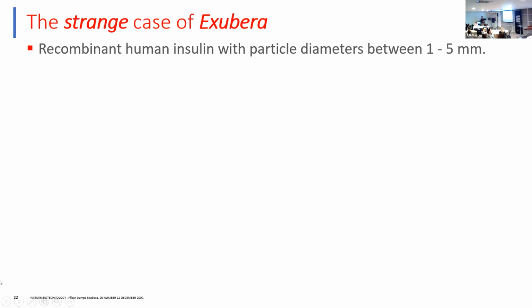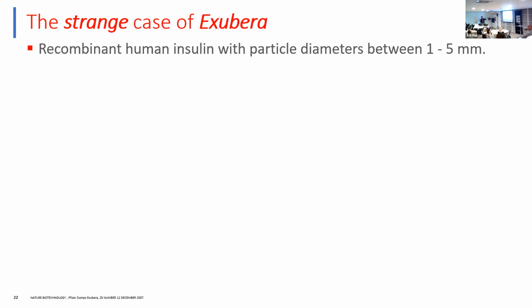So do you know Exubera? Are you familiar with it? Okay, good. So this was really a big wow factor when it came to the market. A lot of expectations on it. So this was the first human insulin product for inhalation. Particles had between 1 to 5 millimeters.